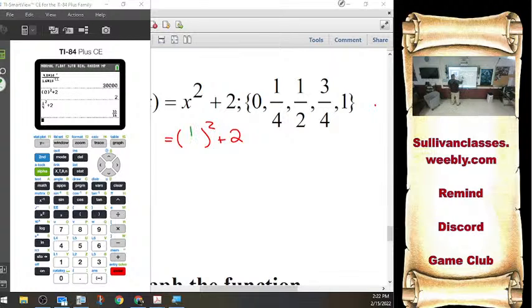Now that's why I say let the calculator do the heavy lifting for you, because do we remember this thing squared? You square both parts. And then to add things together with a fraction, you need to get common denominators. And say 2 isn't really 2. It's 32/16.